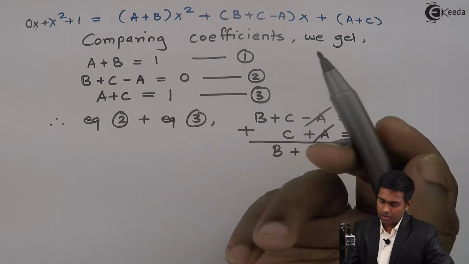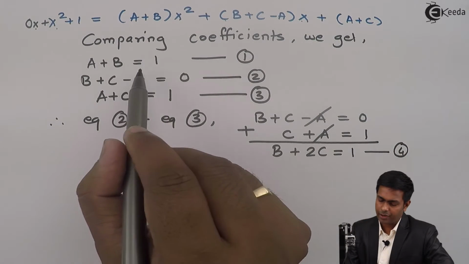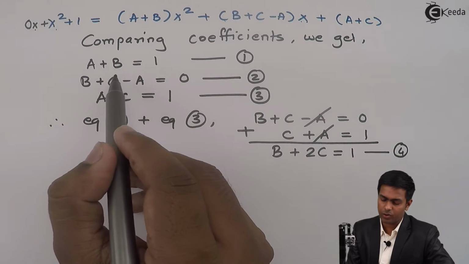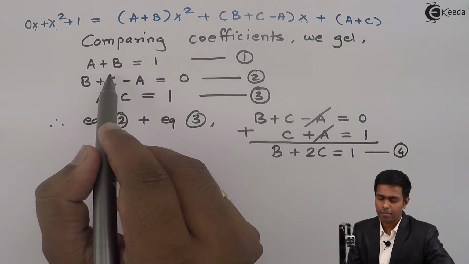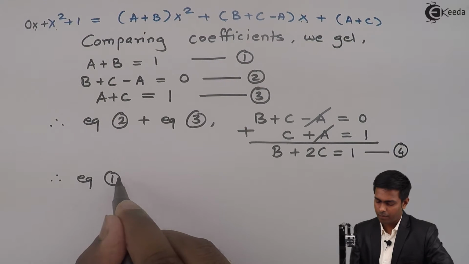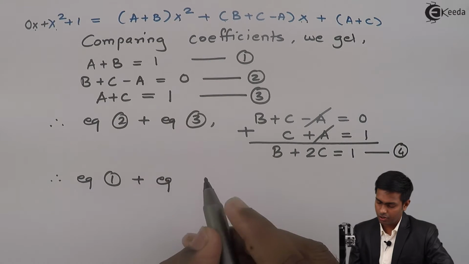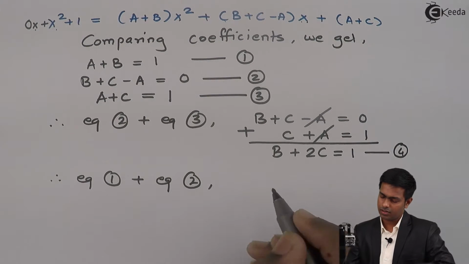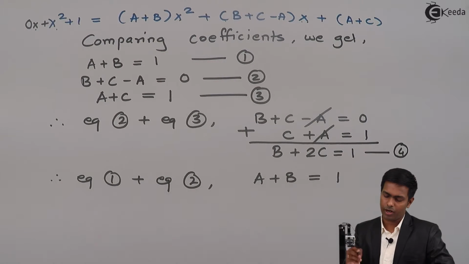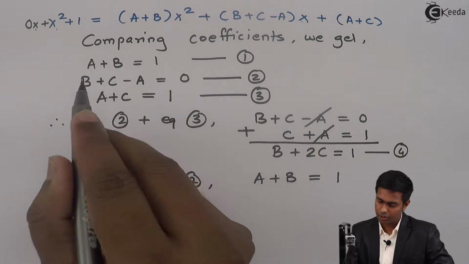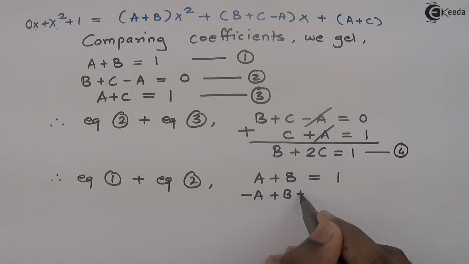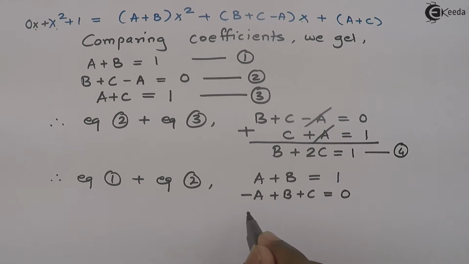Next, now here we will add equation number 1 and 2, so that again we can eliminate a, and we will get one more equation in terms of b and c. So here I will say therefore equation number 1 plus equation number 2 will give us a plus b equal to 1, which is equation number 1, plus equation number 2 is minus a plus b plus c equal to 0.